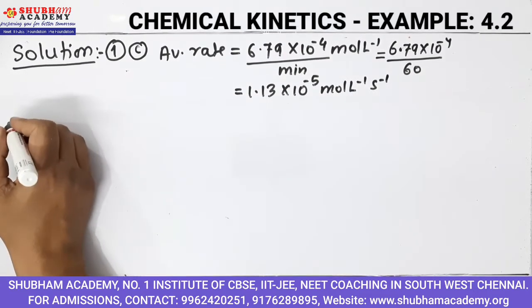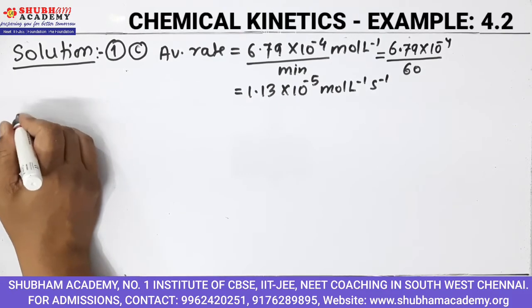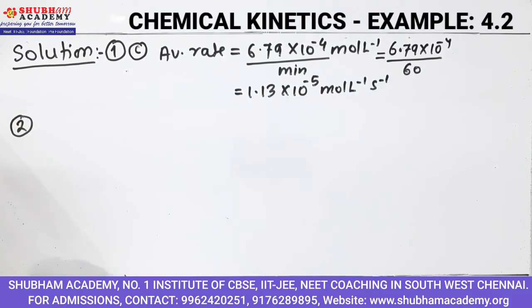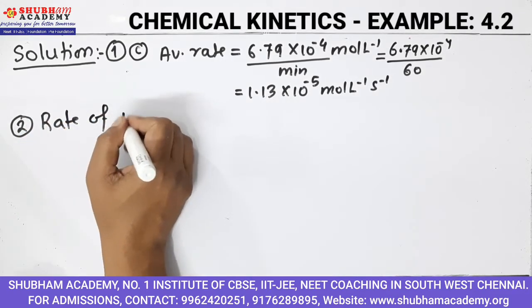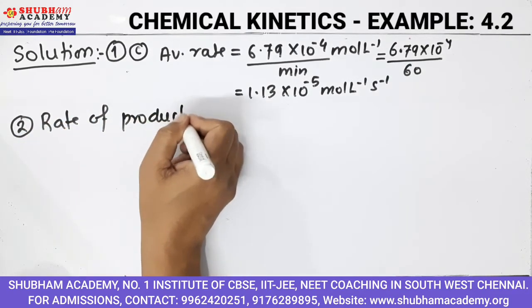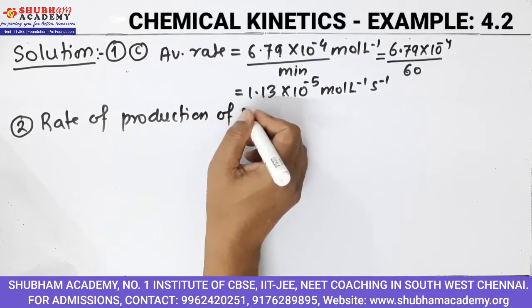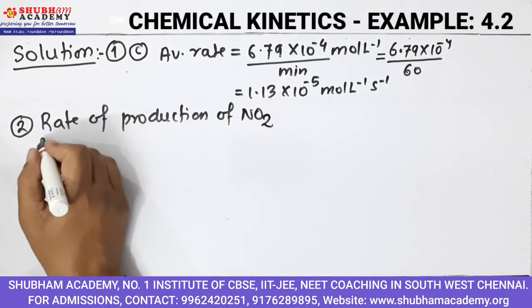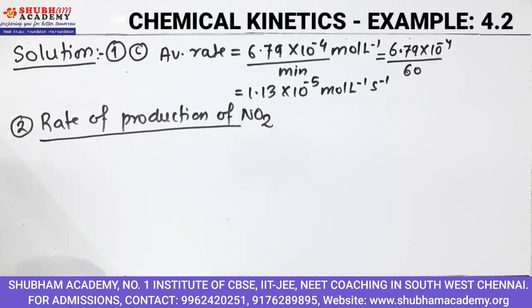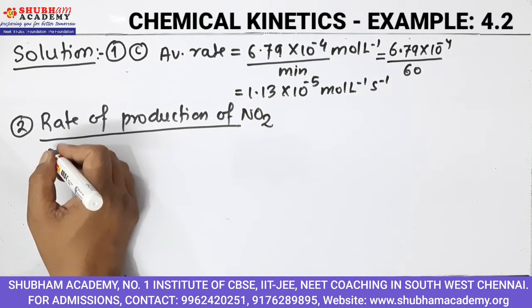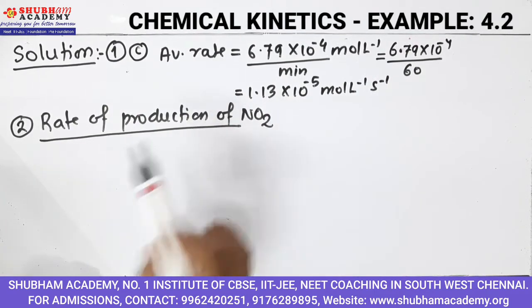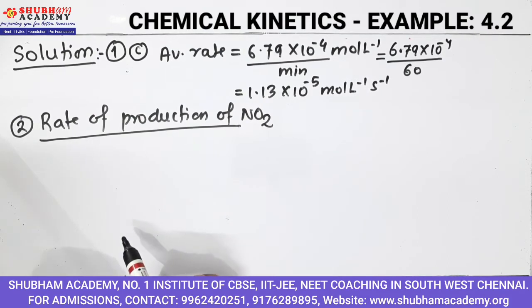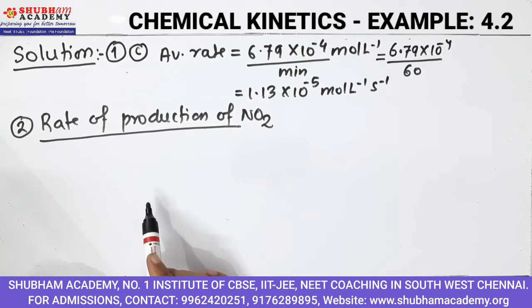Now, we will see the second part. So, in second part what we need to find? The rate of production of NO2. Okay. Now, see, initially we wrote the expression average rate is equal to minus half change in concentration of N2O5 divided by del T is equal to 1 by 4, right.